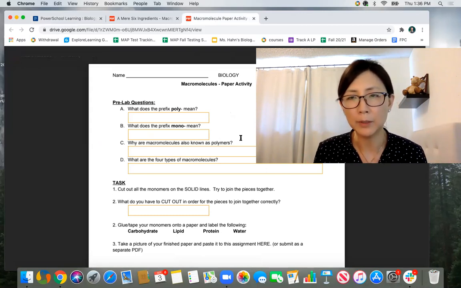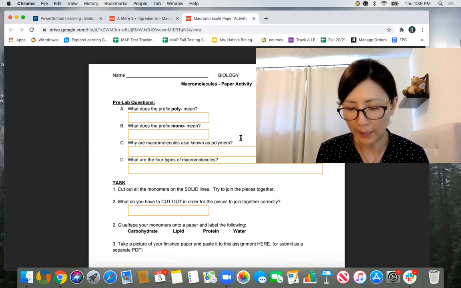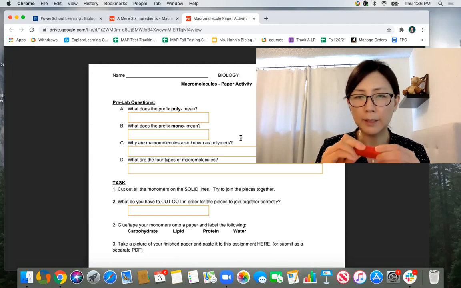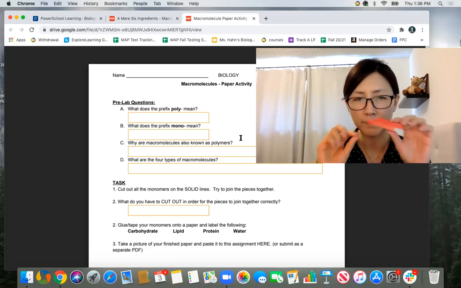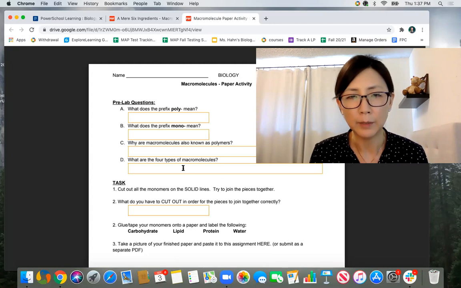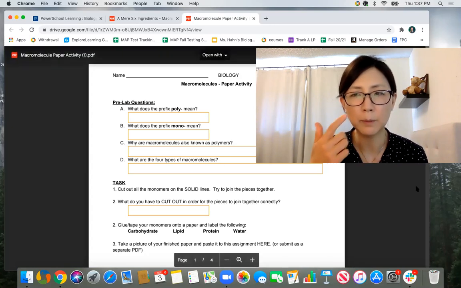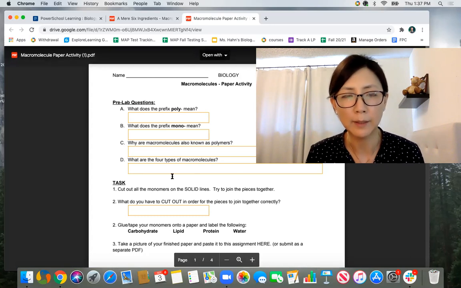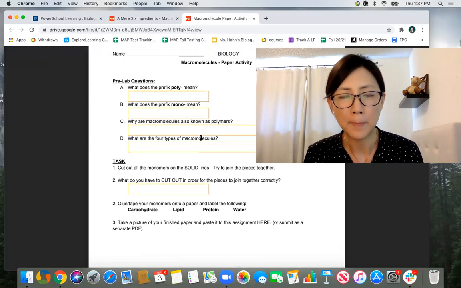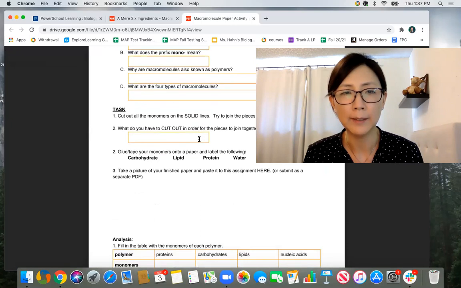So macromolecules are known as polymers because they're made out of many subunits, many monomers. And hopefully you know the 4 types: carbs, proteins, lipids, and nucleic acids. So that's our pre-lab.